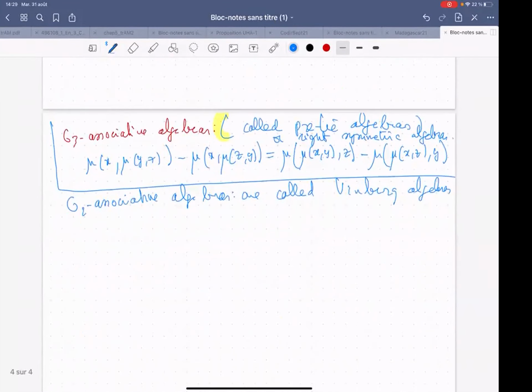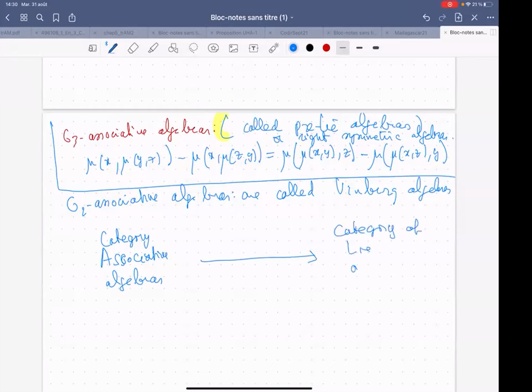What I discussed here is, if we come back to associative algebra, that if we take the category of associative algebra, then we have a functor going from this category of associative algebra to the category of Lie algebra.